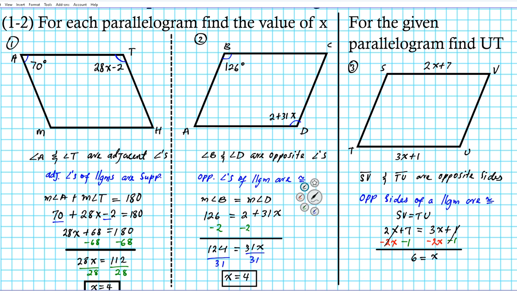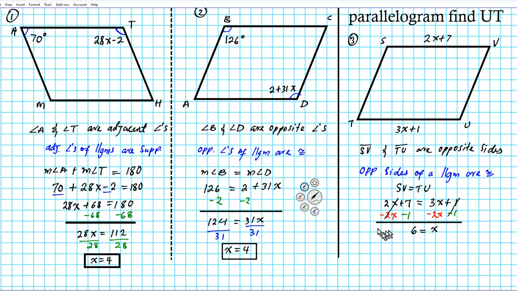Are we done with this problem? Don't forget, you always want to make sure you answer the question. You're looking for the length of side UT, or TU. But we just found x, and the length of TU is dependent on that. So to finish this problem, we substitute that value into this measure.